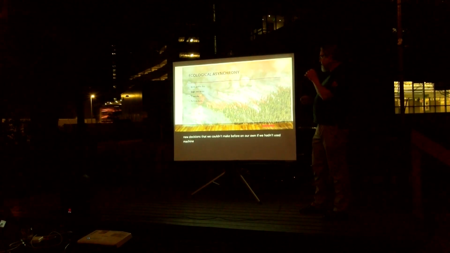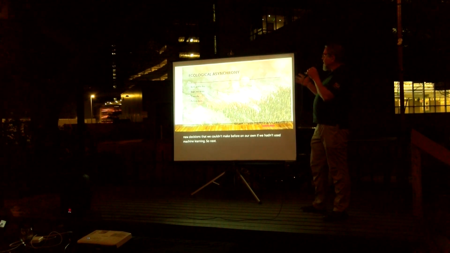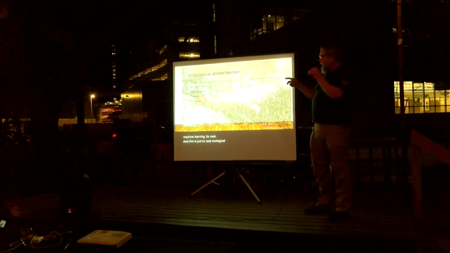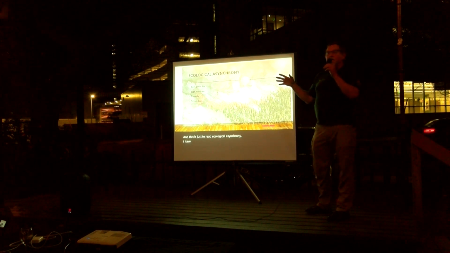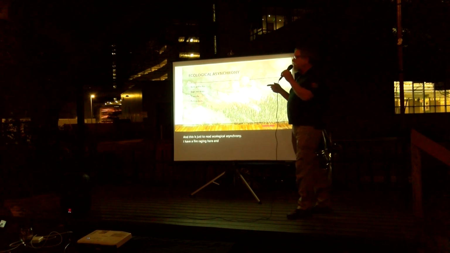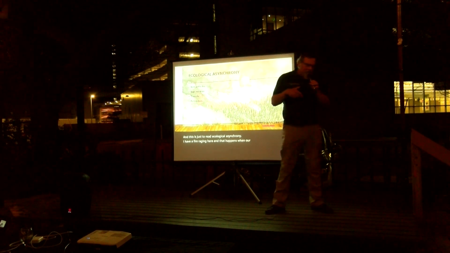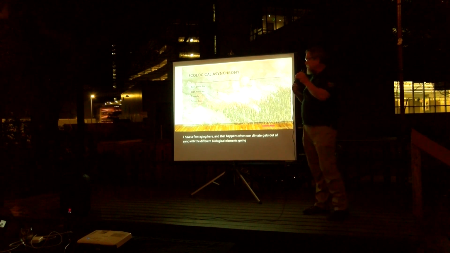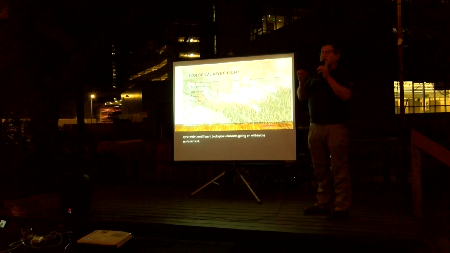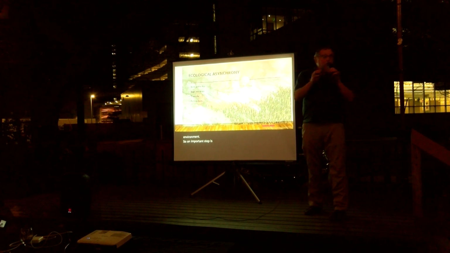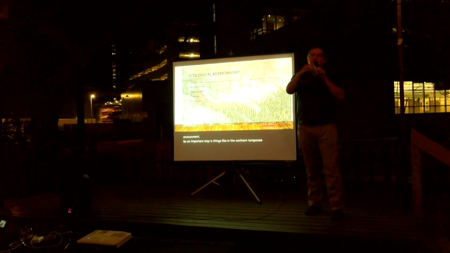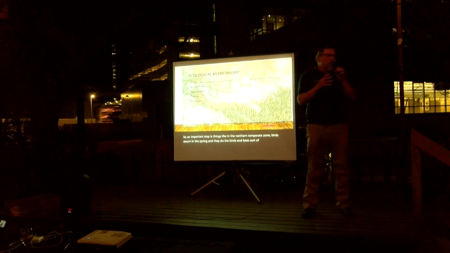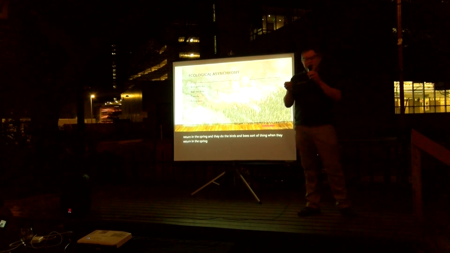So next. And this is just ecological asynchrony. And I have a fire raging here. And that happens when our climate gets out of sync with the different biological elements going on within the environment. So an important step is things like in the northern temperate zone, birds return in the spring, and they do the birds and bees sort of thing when they return in the spring, because they're going to have babies.